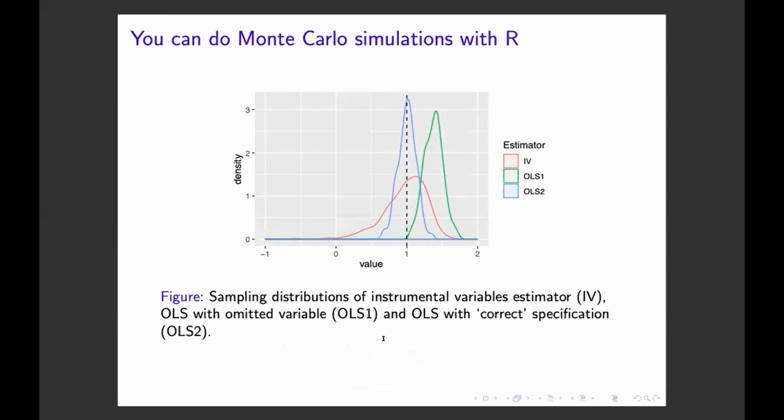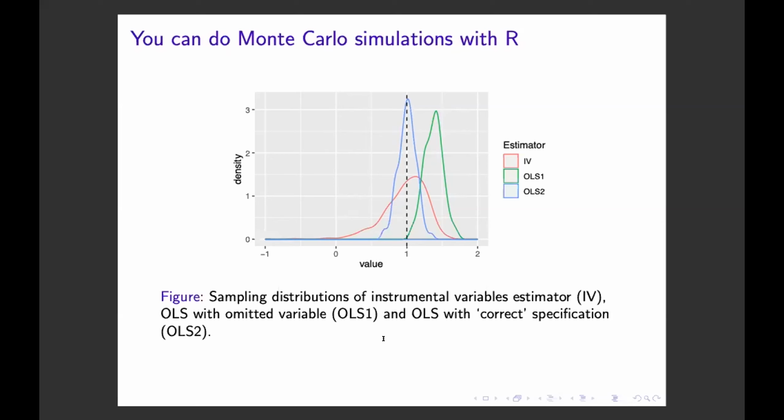Now you can do Monte Carlo simulations with R. Peter Kennedy, the author of an econometrics textbook, used to advocate that if you really want to understand what's going on in R, you should think about how you would use a Monte Carlo simulation to address a question.